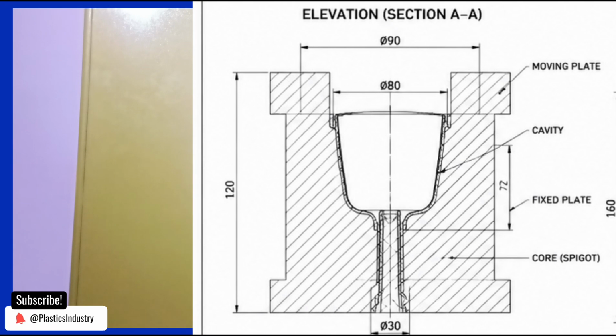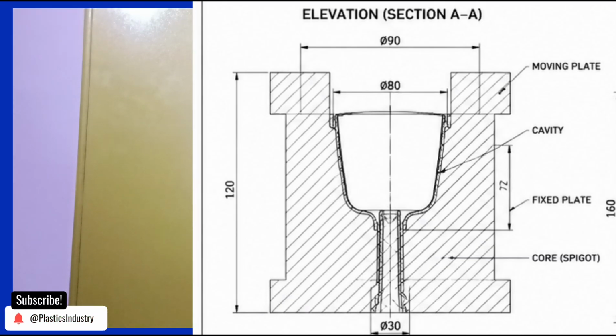Notice cup geometry. Top diameter larger, bottom diameter smaller. This gives a taper. This taper helps mold release, ejection, lower rack friction. Now look carefully at the wall thickness.